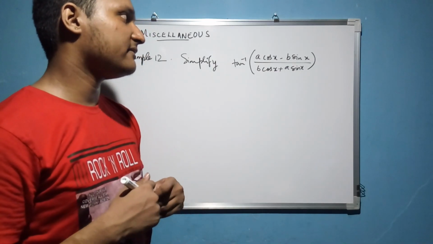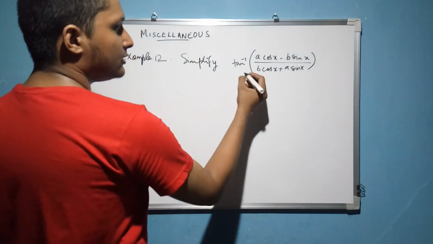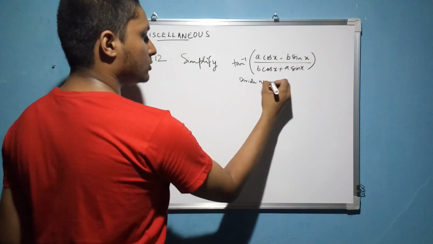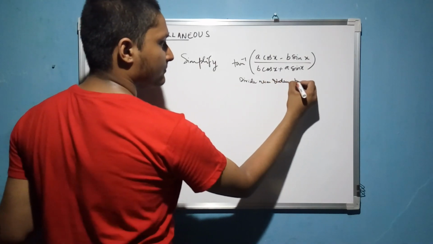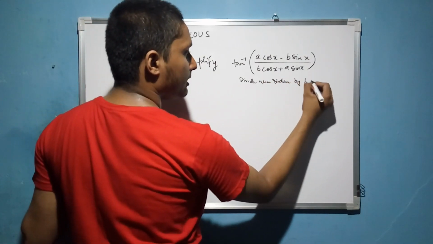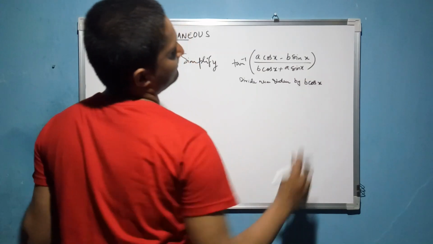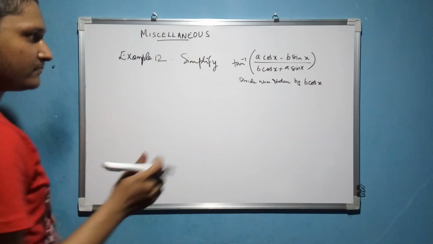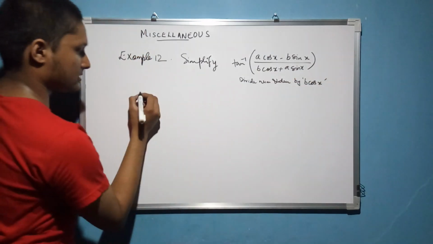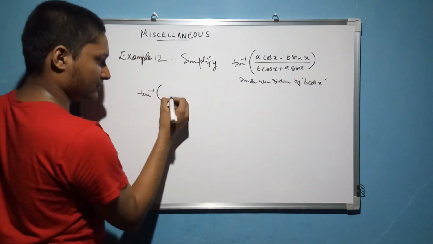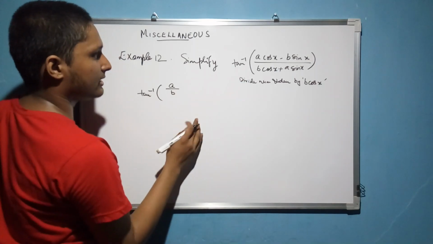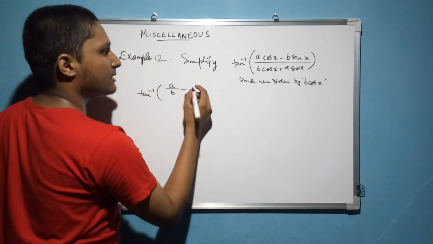So maybe I'll divide numerator and denominator by b cos x, so that may become easy. So this becomes tan inverse of a by b. Cos x and cos x is going to get cancelled, and you have minus b, and b is going to get cancelled.